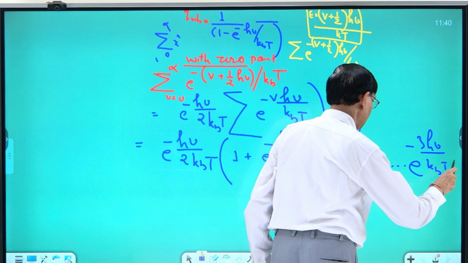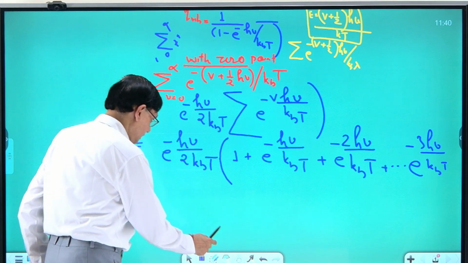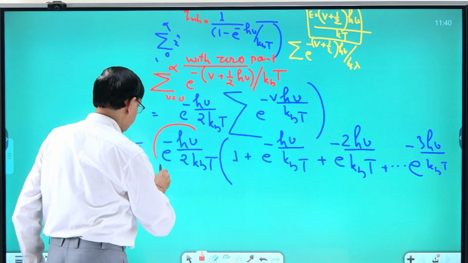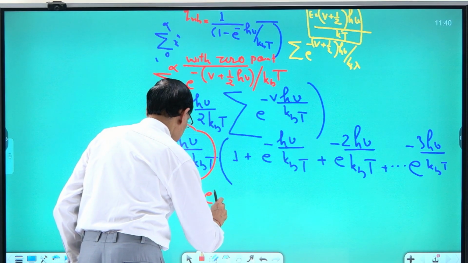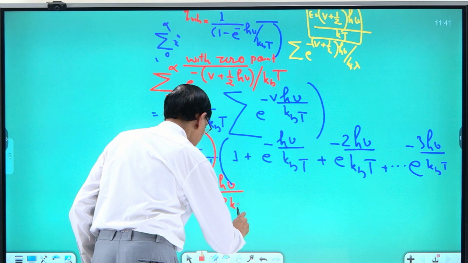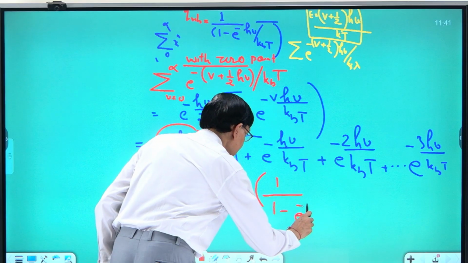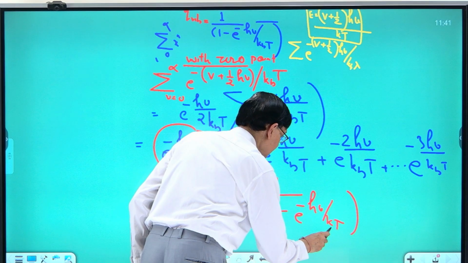Same expression, one additional thing is there. And that is exponential minus h nu by 2 kBT, times 1 divided by 1 minus exponential minus h nu by kBT.